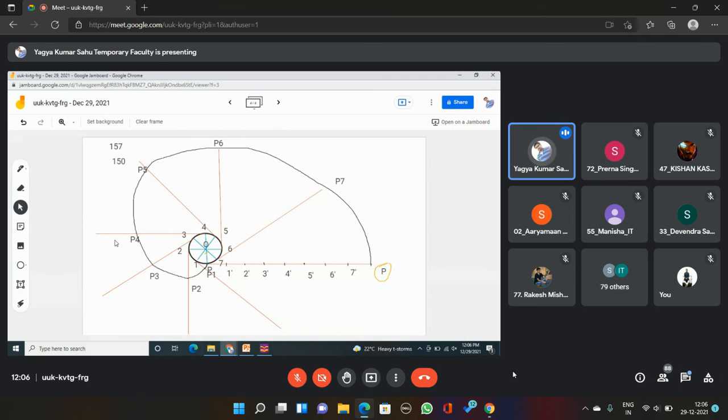So find out the angle subtended by the 17 mm arc, and locate the position of the last point P in between, here after P7. Tell me the angle. 40.26.